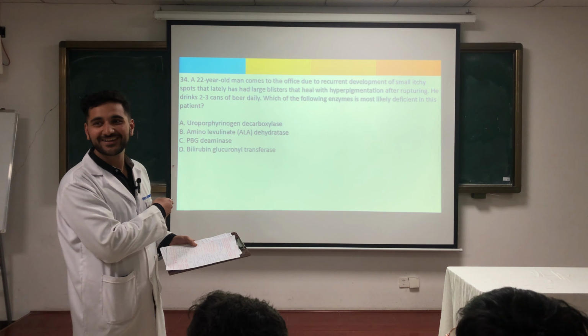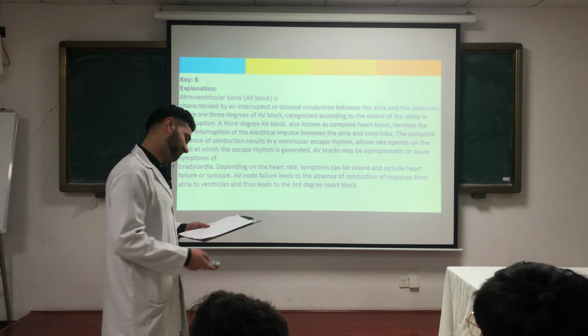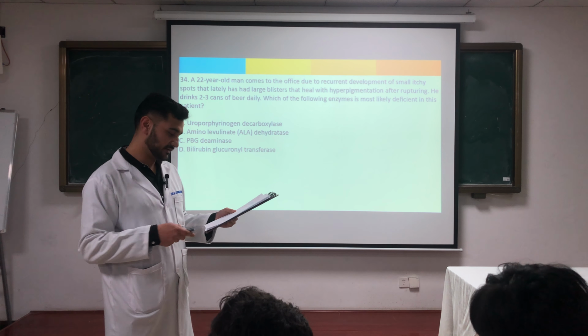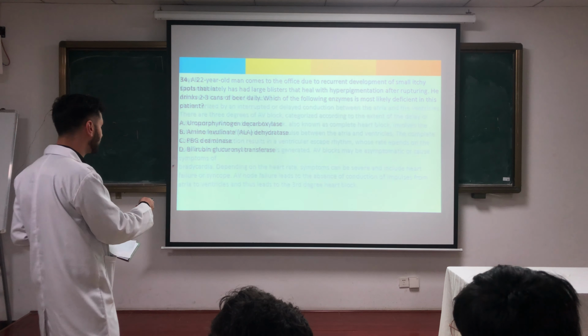This is the answer. Yes, so here there is a small mistake from my side. The wrong answer is put in here. So option A is the right answer here.